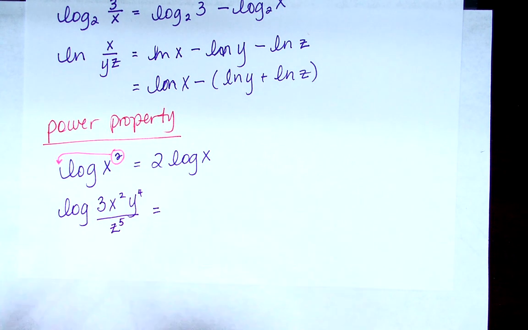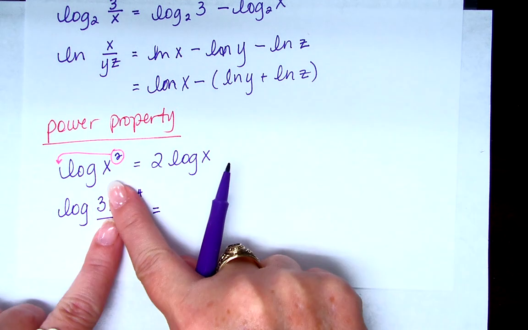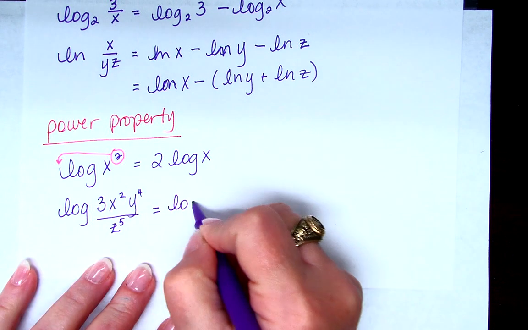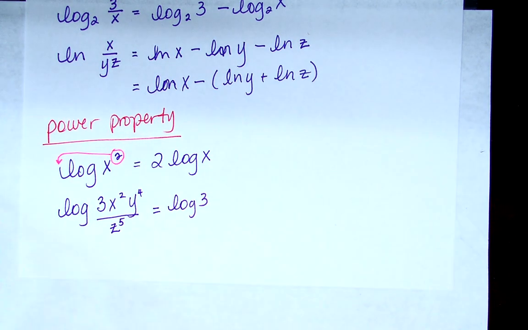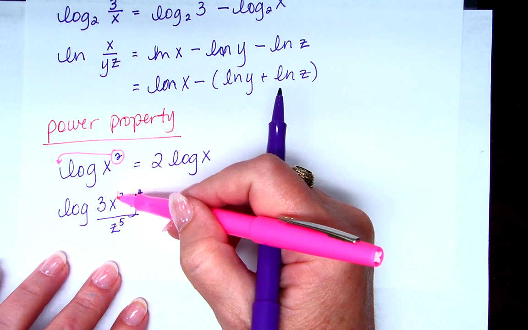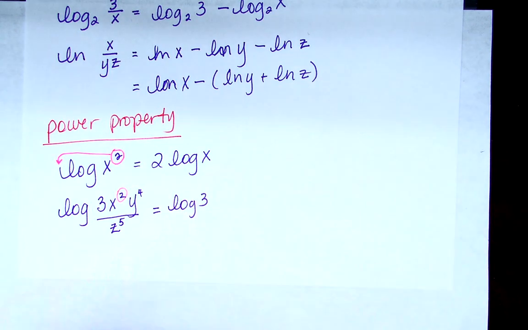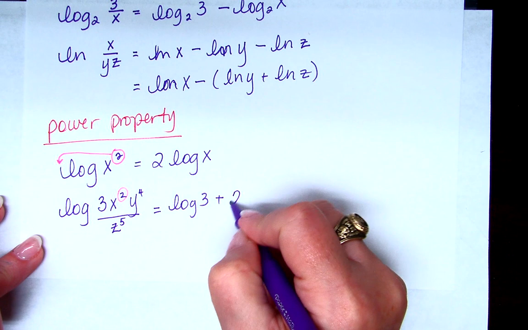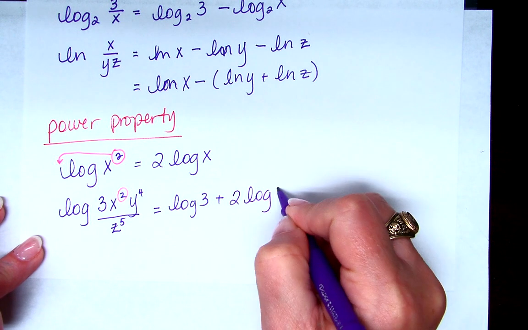What if it just said log of 3x squared? What would you write? Log of 3. What are we going to do with this 2? You're going to move it around to the front. So plus, because those are being multiplied, 2 log of x.